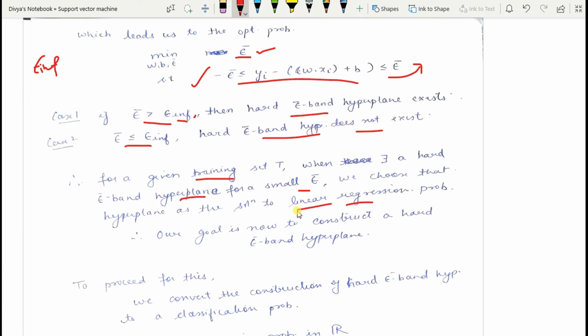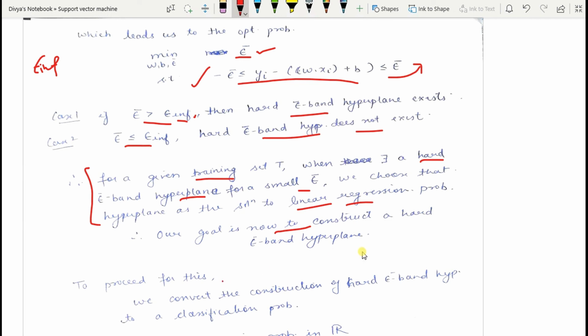So we choose that hyperplane to be the solution to the linear regression problem. What is left is to find that hard plane. From this we deduce that if we have a hard epsilon band hyperplane, then that would be the solution. So our main aim is now to find the hard epsilon band hyperplane, right?